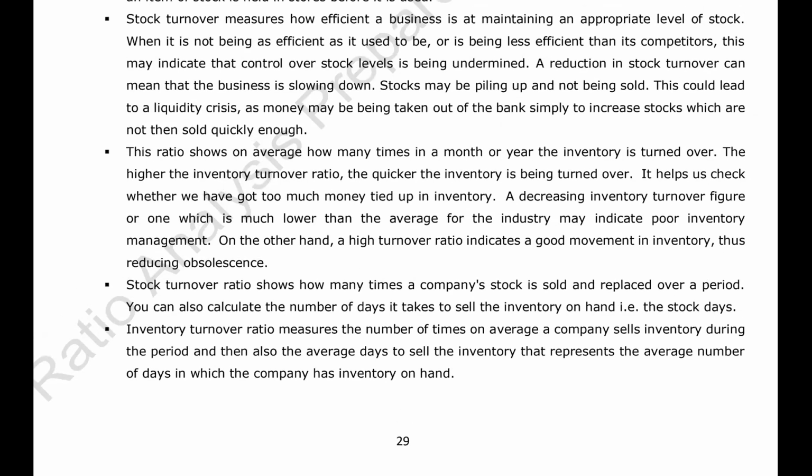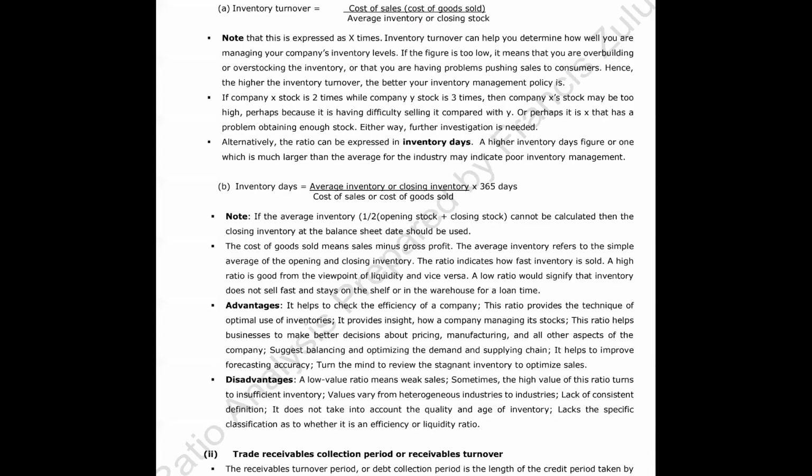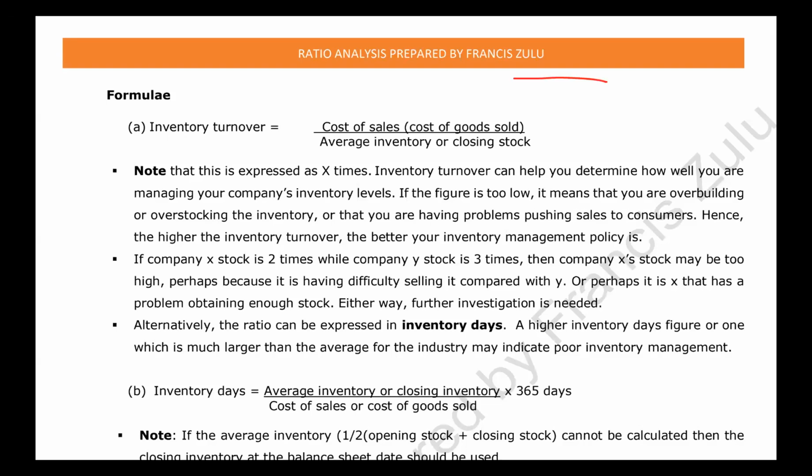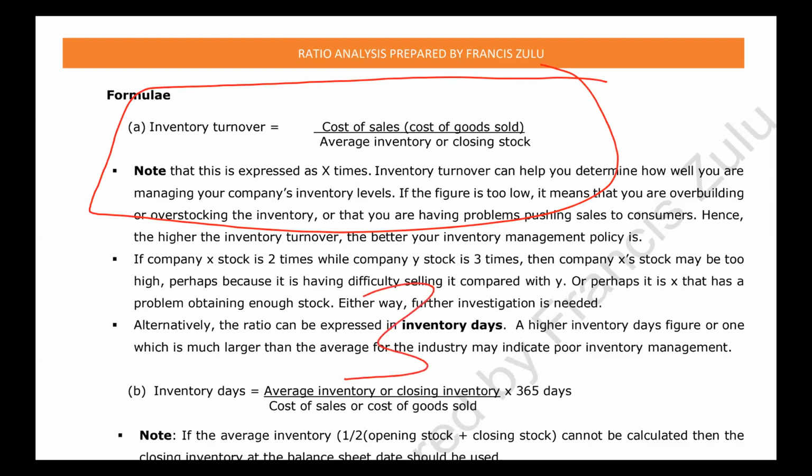How long does it take from the time we make orders before we can sell the inventories? The formula is the cost of sales over average inventory, or the cost of goods sold over closing stock. Don't multiply by 100. The unit is times. For example, if you find 3, you say 3 times.